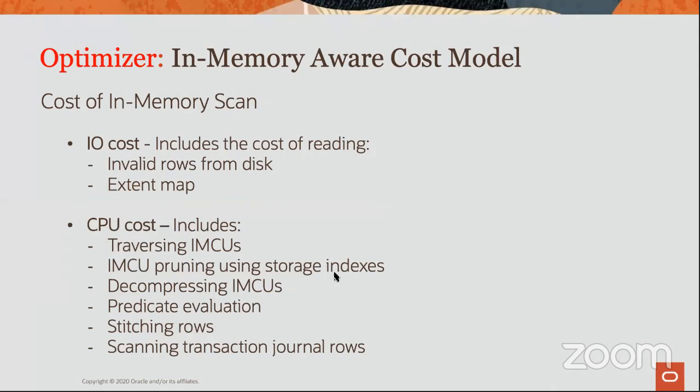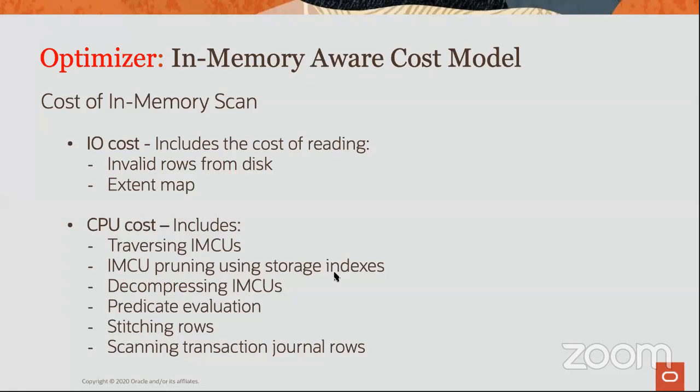And remember what I mentioned, that when you're running a Database In-Memory query, it's CPU and memory access. Remember, the object's fully populated in the column store, so we're not having to generate any I/O. So the question is, does the I/O cost of going to that data in the row store outweigh the benefit of scanning that data in the column store? And so all of these factors are factored into the cost algorithm for the optimizer.